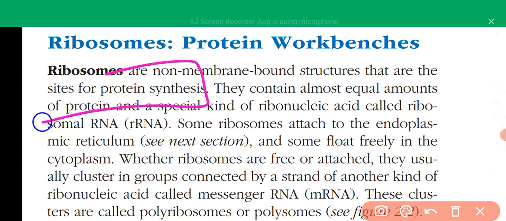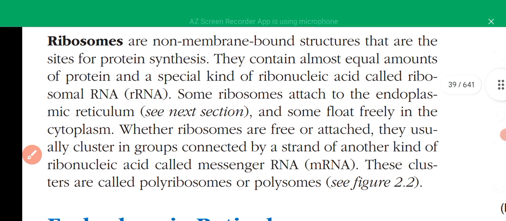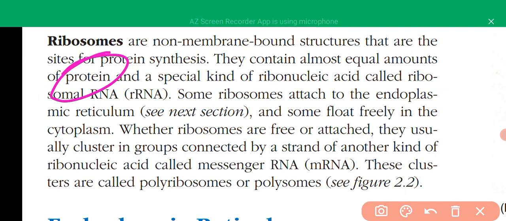Protein production. What is their composition? They are composed of protein and a special kind of nucleic acid called ribosomal RNA. Their composition is 50% ribosomal RNA and 50% proteins.